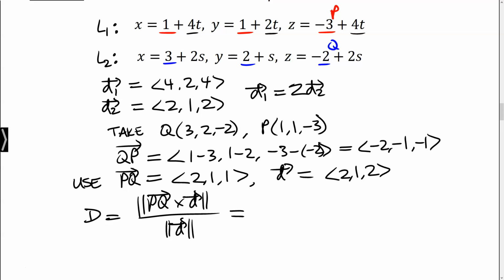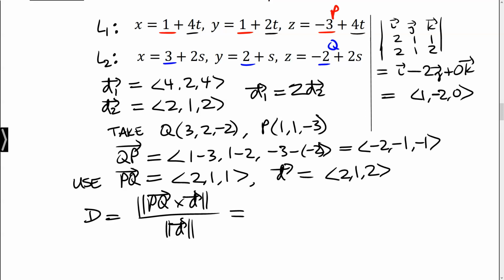I do need to figure out the cross product, so I'll do that on the side up here. So that is my cross product. So I've got the norm of 1 minus 2, 0, all divided by the norm of 2, 1, 2.